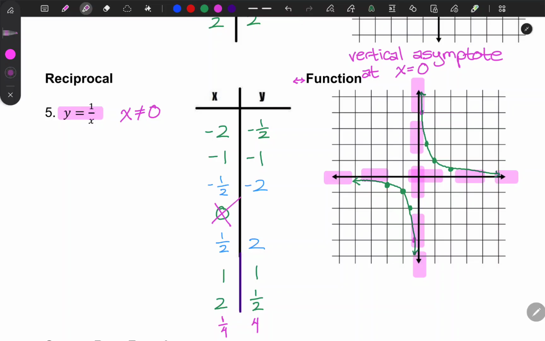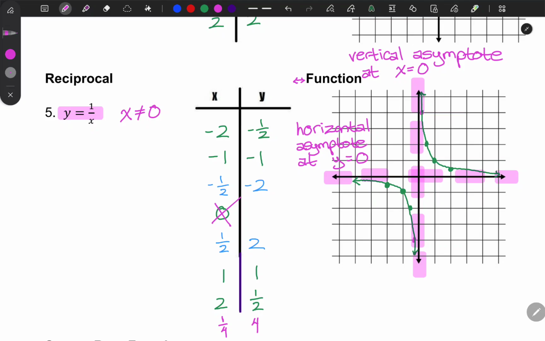We can see that's not actually possible. And the way that's shown on the graph is with a horizontal asymptote. So we call this one a horizontal asymptote at y equals 0, the horizontal line where y is equal to 0.